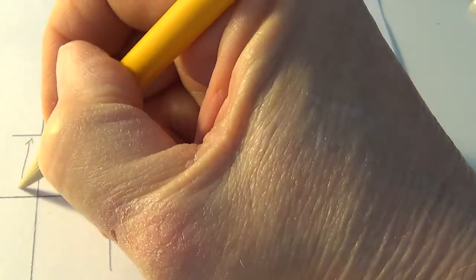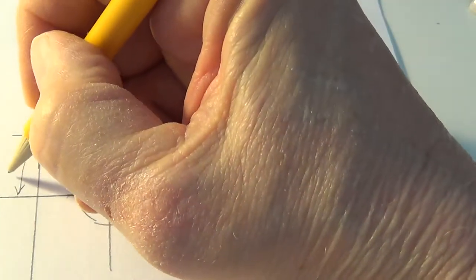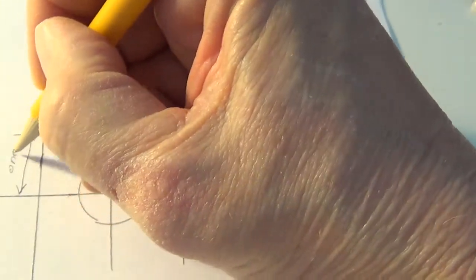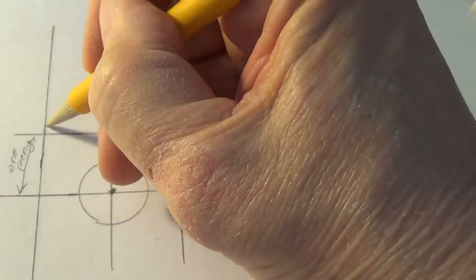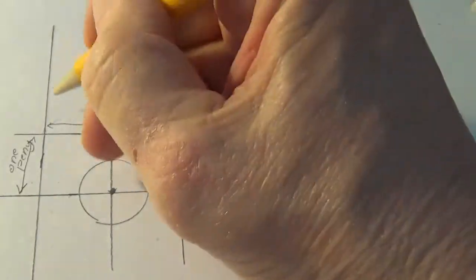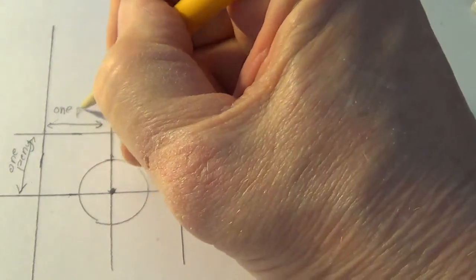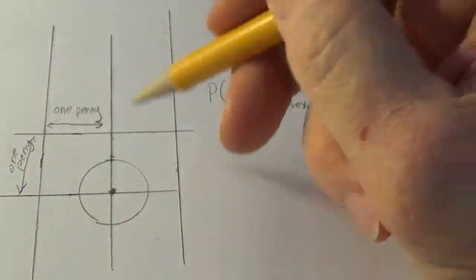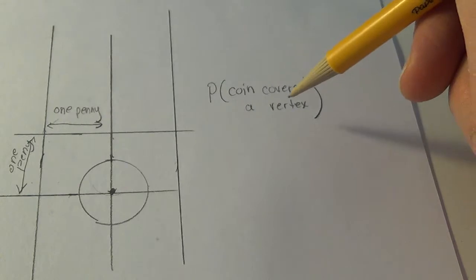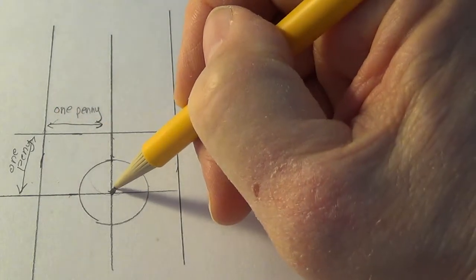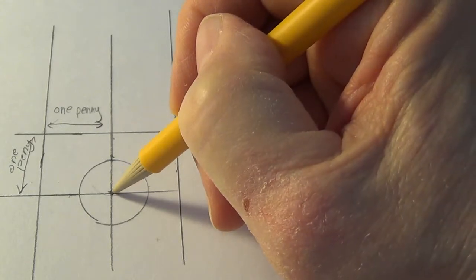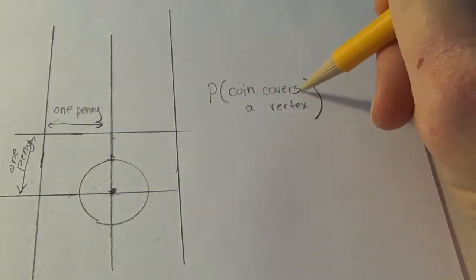So this is one penny high, and it is one penny wide. All right, so to come up with this probability, let's just look at one vertex. So obviously, if the center of the penny falls on the vertex, it is covered.